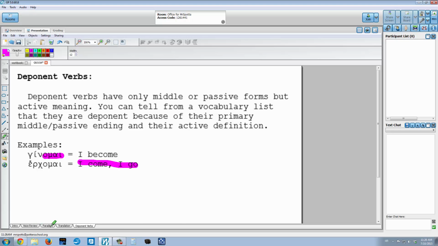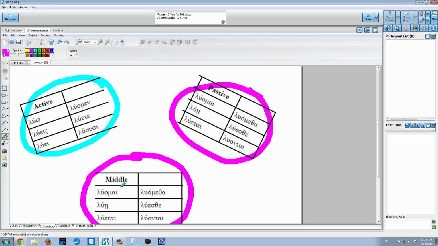So here again, middle or passive form, but instead of luomai, which means I am loosed or I am destroyed, that's passive meaning. But erchomai means I come or I go. You see, that's active meaning.